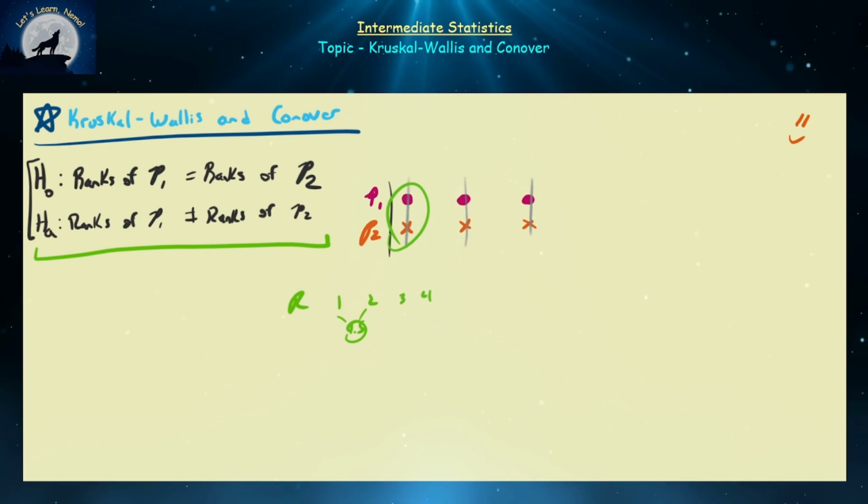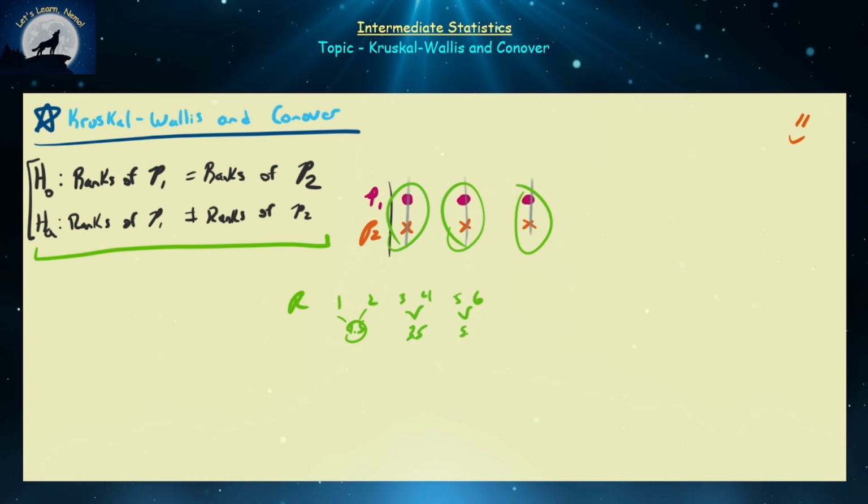And then for the next 2 points, we're going to have 3 and 4, and they're going to be ranked 3.5. And then those particular values go to 5 and 6, which are going to tie at 5.5. So notice that each of these populations of size 3 will have the ranks 1.5, 3.5, and 5.5 for each of their 3 elements, and hence they are equal.